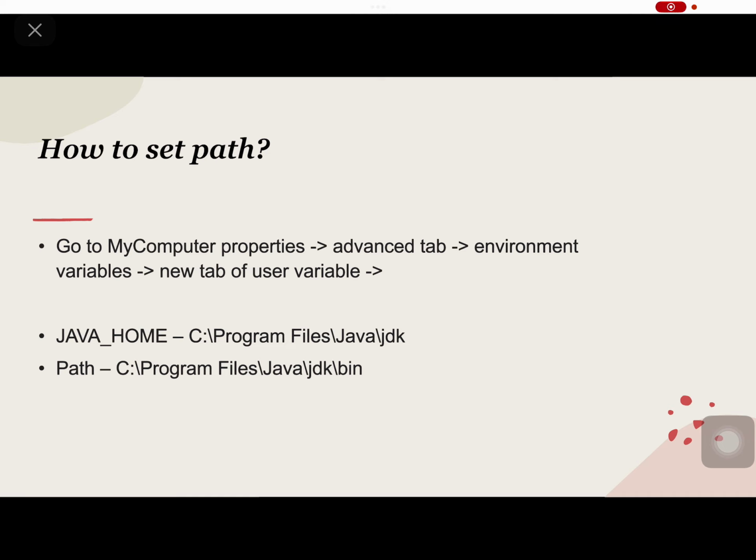In that place we add the path up to the bin folder: Program Files, Java, JDK, and bin. Once we set up this path, we restart any IDE that is open, and the path will be set and you will be ready to use Java programs.